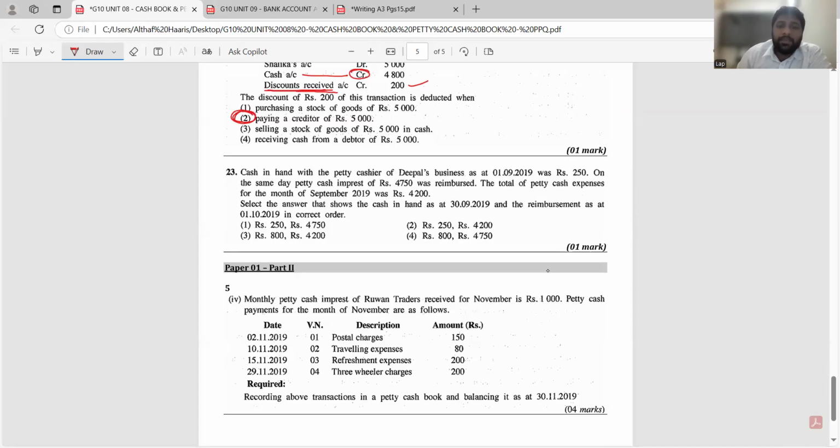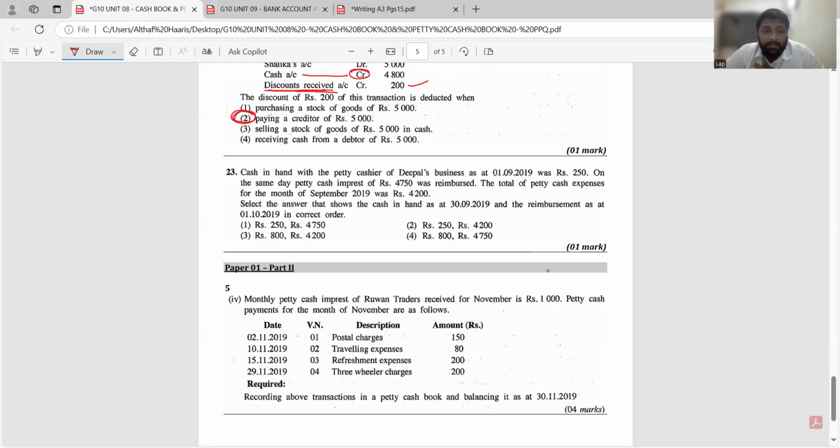Cash in hand with the petty cashier of Deepal's business on 1st September was 250. On the same day, the petty cash imprest of 4,750 was reimbursed. The total of petty cash expenses for the month of September 2019 is 4,200. They're asking, select the answer that shows the cash in hand as at 30th September 2019 and the reimbursement as at 1st October 2019.